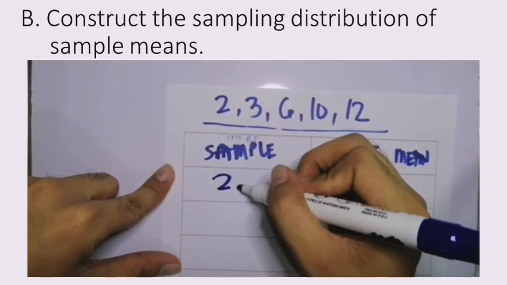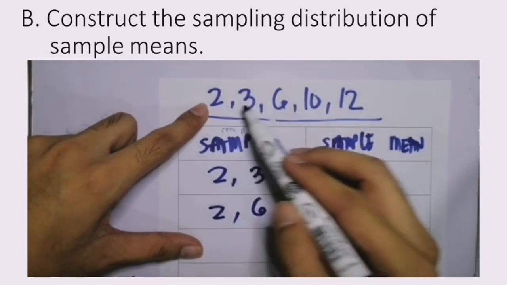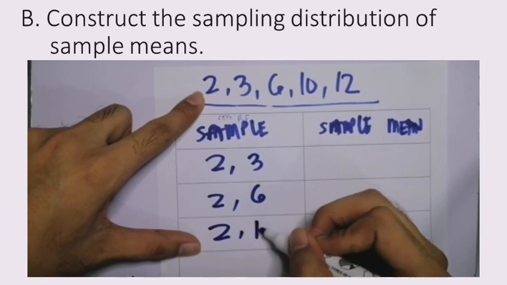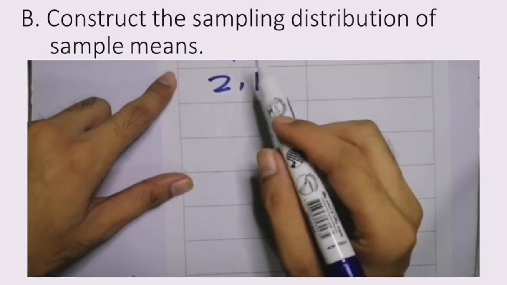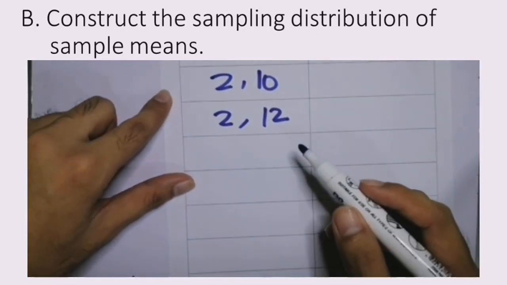So that's 2 and 3, 2 and 6, 2 and 10, 2 and 12.